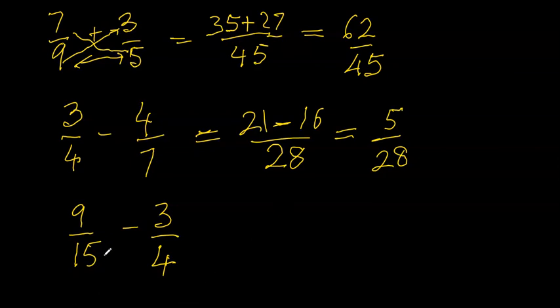Now, when you're using the cross strategy, all you're doing is multiplying this by 4 and multiplying this by 15, right? That's a common denominator. And because you multiply this by 4, which didn't exist before, you have to do the same thing up here. And because you're multiplying this 4 by 15, you have to also multiply this by 15. So that's basically what the cross strategy is doing.